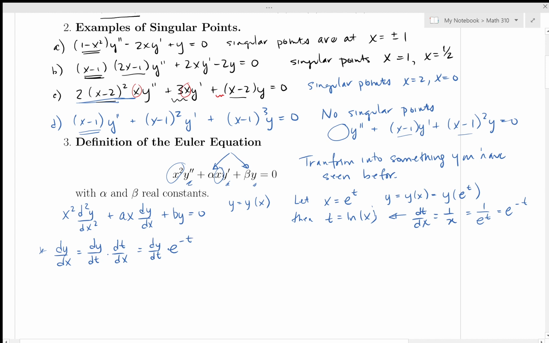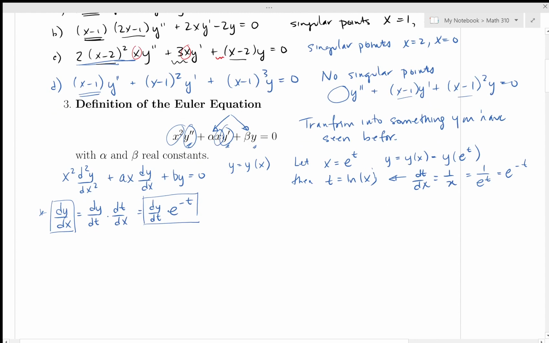So now I can substitute for dy by dx in my differential equation. I can replace it with this here. I'll have to do exactly the same thing for the second derivative. I've got both the first and the second derivative sitting here. So I'll also need to substitute the second derivative, which is currently in the differential equation a function of x. I want to make it a function of t. So I'm going to calculate d2y by dx squared.